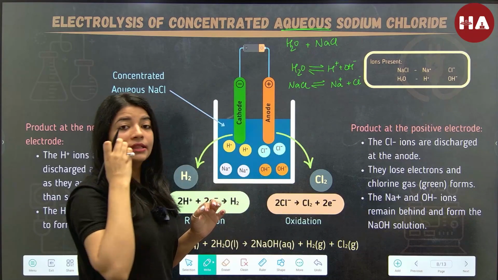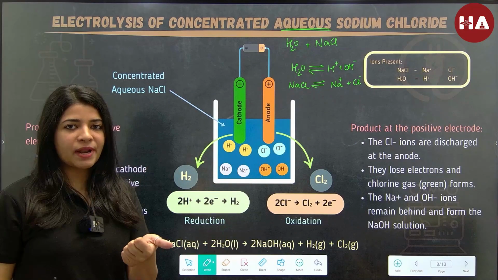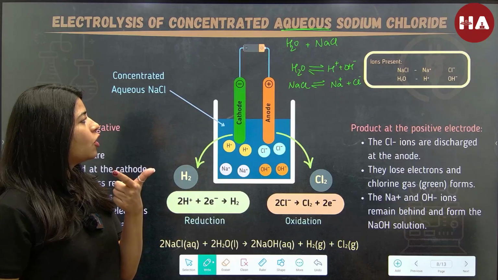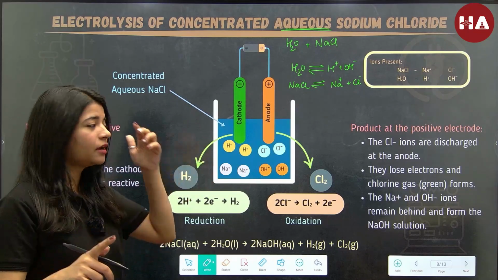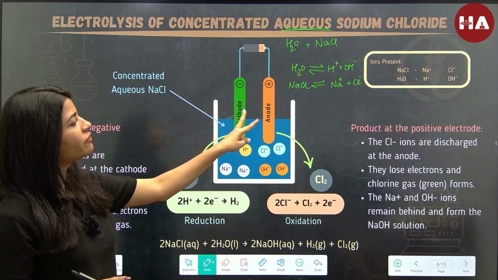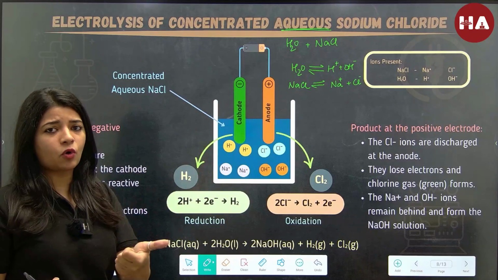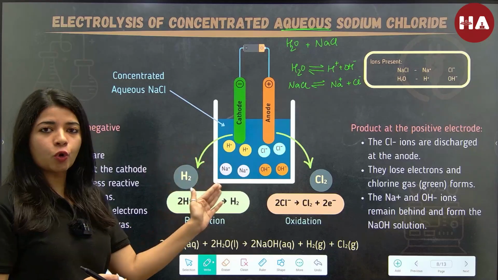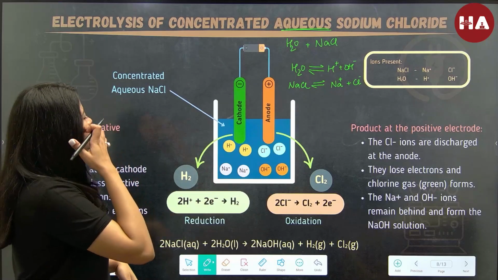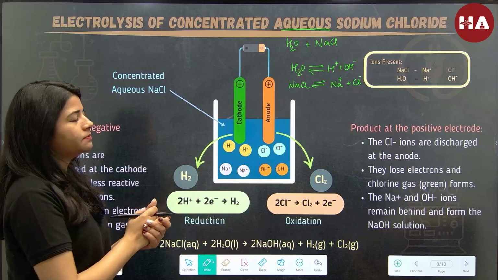Here we can see there are two types of cations, H+ and Na+, and we will understand which one gets deposited. And there are also two types of anions: OH-, the hydroxide anion, and one halide anion, which is the chloride ion. So what is going to happen here?